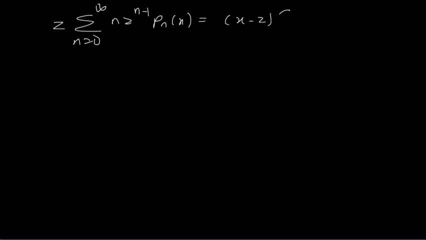z into summation from n equal to 0 to infinity n into z raised to n minus 1 Pn of x is equal to (x minus z) into summation from n equal to 0 to infinity z raised to n into Pn dash of x.